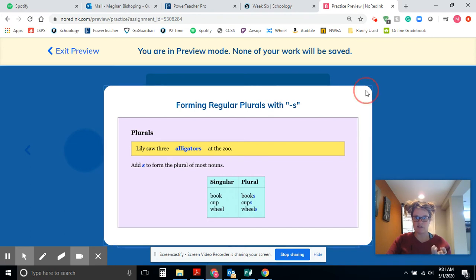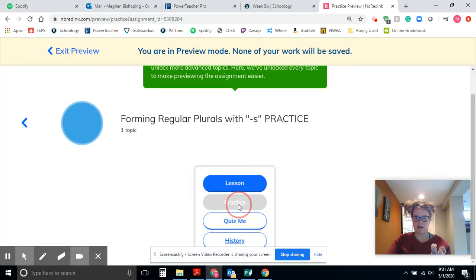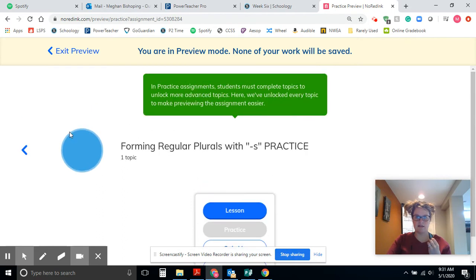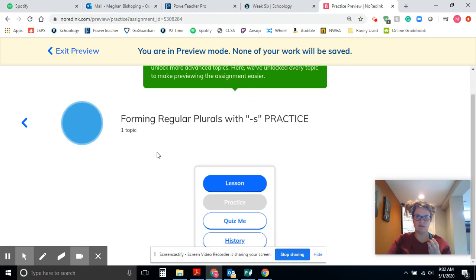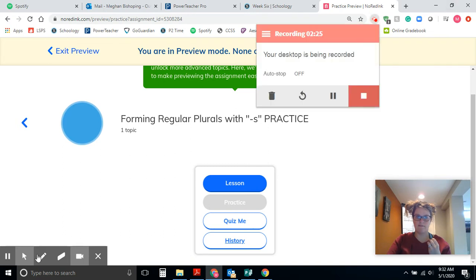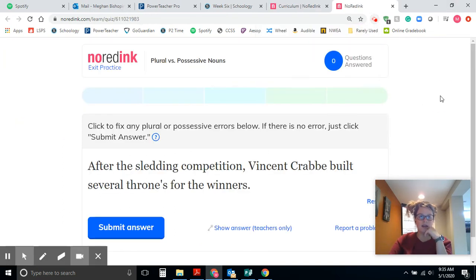Add the S to form most nouns. Okay, why isn't it letting me hit practice? Sorry, one second. Okay, so fixed it. Then when you're in the practice, you're going to fix the errors.